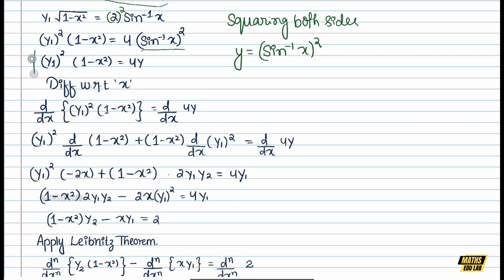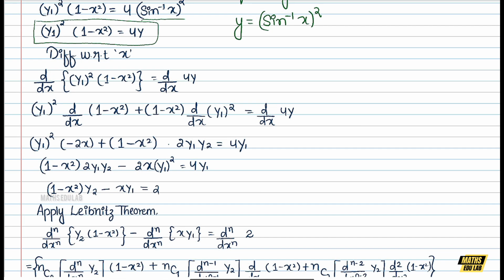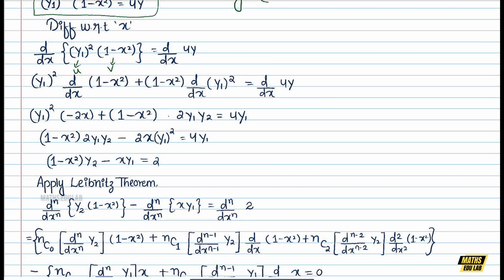Now again we will do the derivative for this function. On derivating, as we have taken using the product rule, we will solve this one and we get the value as, see here, 1 minus x square. That means here I have followed the product rule only.